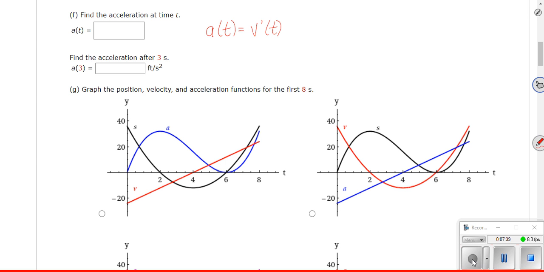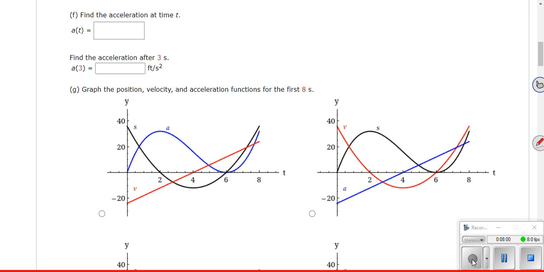Now remember, if velocity is your first derivative, that means your s function either equals a local min or a local max, where the slope of the function would be 0, or where that s function would change directions.